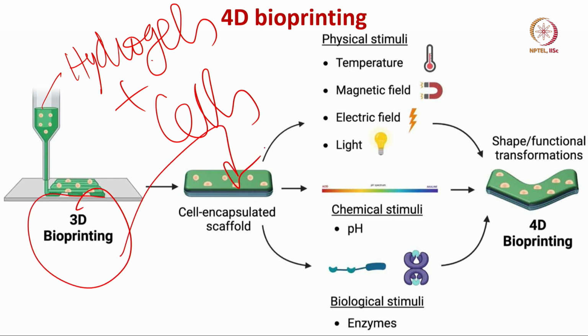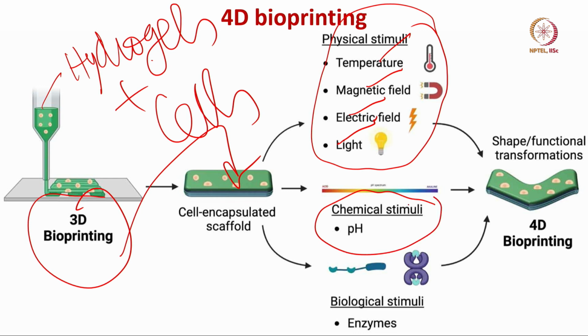So, cell encapsulated scaffolds, when these are exposed to physical stimuli like temperature or magnetic field or electric field or light, or chemical stimuli, that is pH changes, or biological stimuli, that is enzymes, right. Then you essentially get into the domain of 4D bioprinting.